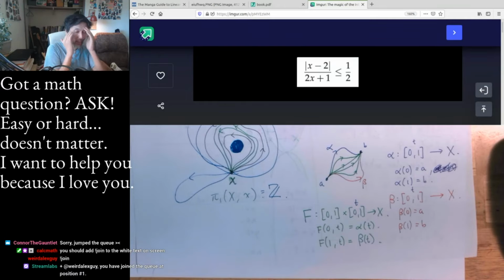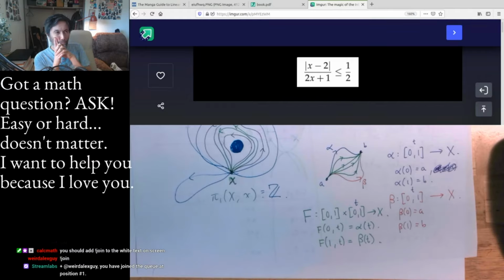Oh my god. Okay, so let's see. What is the right way of doing this problem? Still continuous, right?